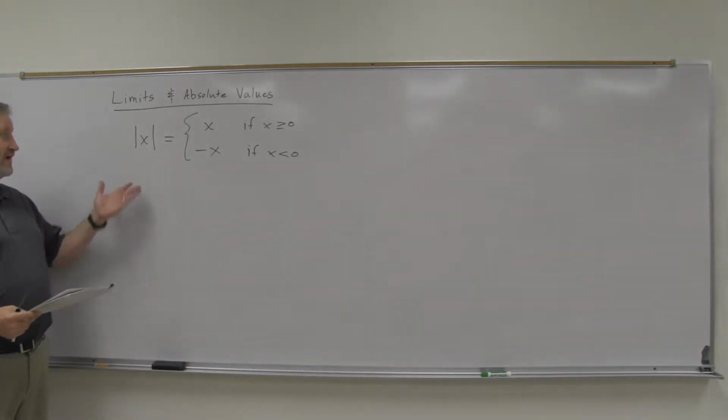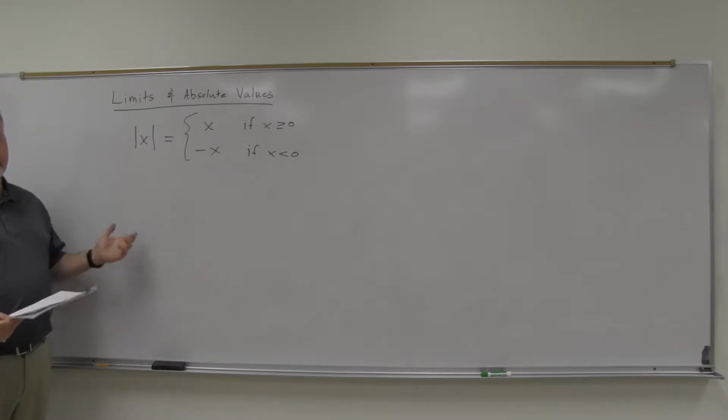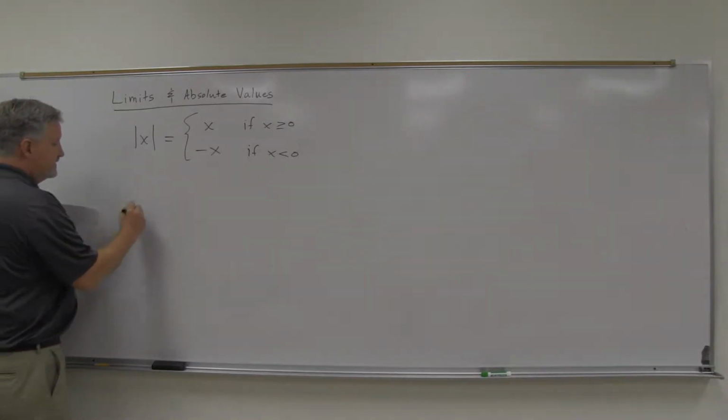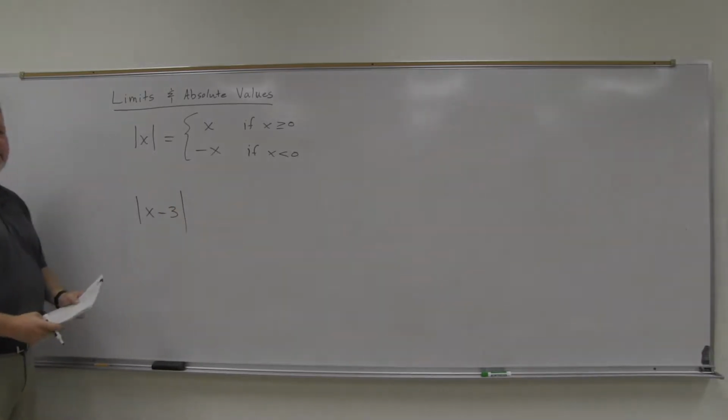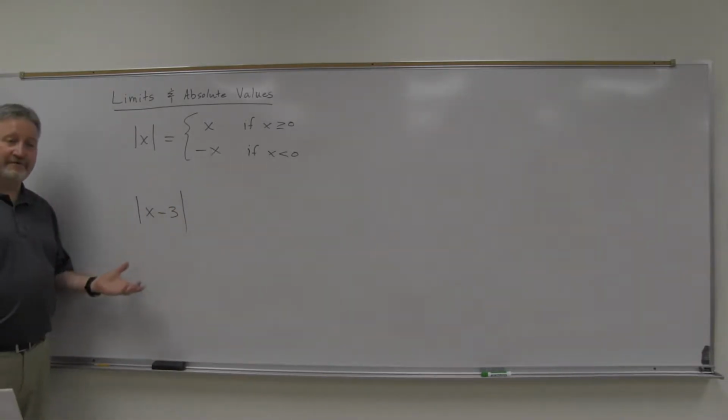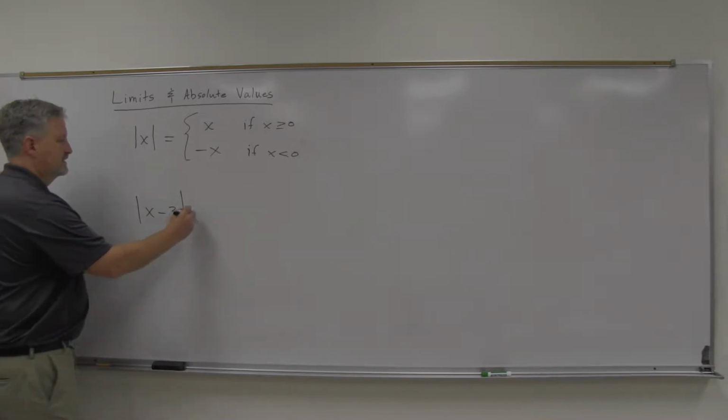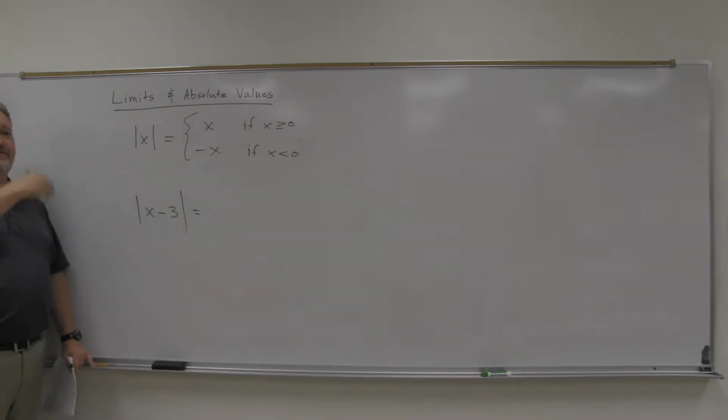Now, that's the most basic one. What if we have something else? Well, it's similar. What if I had the absolute value of x minus 3? Well, it's going to work very much the same.